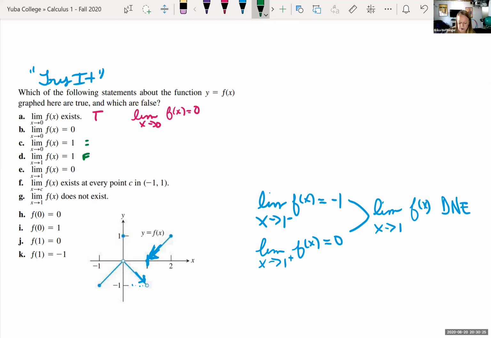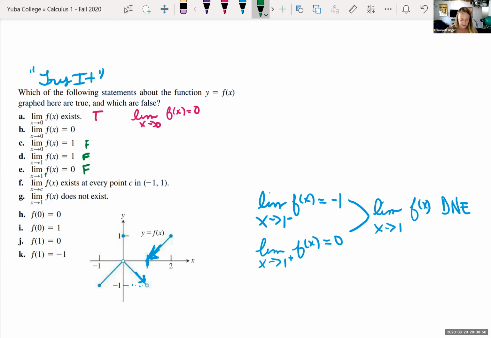The limit as x approaches 1 of f of x equals 0, is that true or false? Right, false. This would have been a true statement if it had told me coming in on the right-hand side, but it didn't.